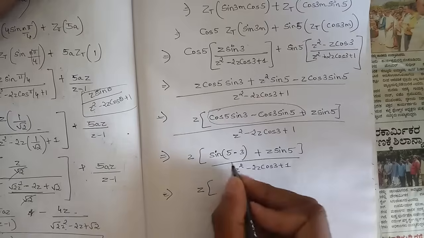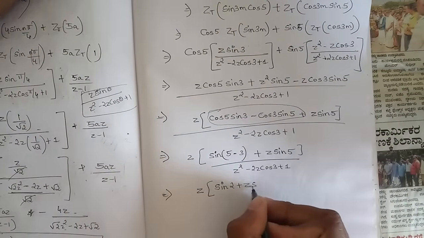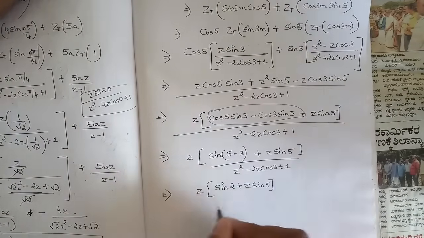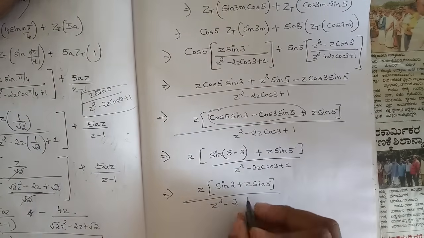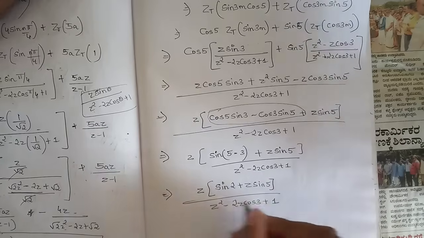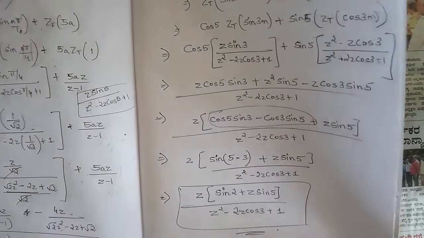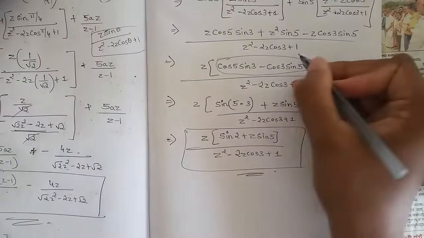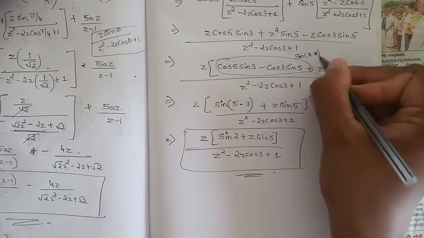So z into sin(5 - 3), that is sin 2, plus z sin 5, divided by z square minus 2z cos 3 plus 1. So this is your required answer by simplifying, which corresponds to sin(a - b).